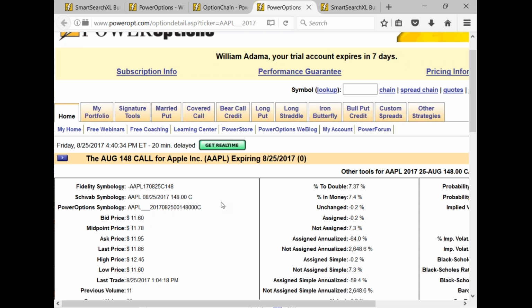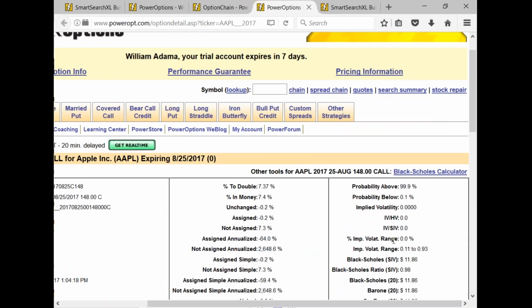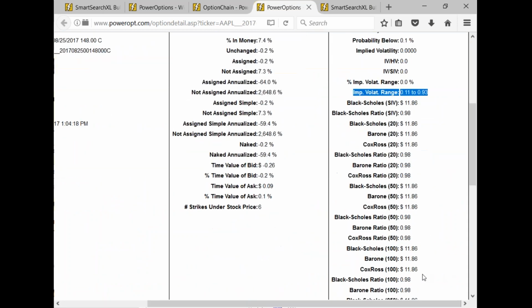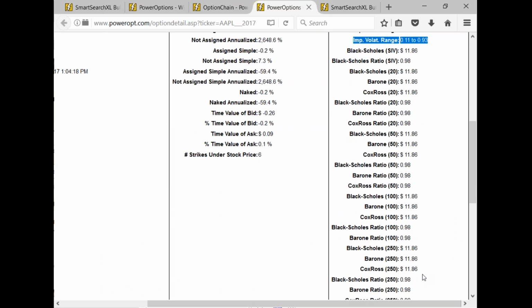Yeah, it was 20 points out of the money, 30 points out of the money. It's a completely different scenario than what we're looking at today or what we've been looking at in the last 3 months. That's why we use this percent implied volatility range related to the lifetime of the option rather than this idea of what is the 1 year volatility of a particular option, because it's a completely different animal 12 months ago.